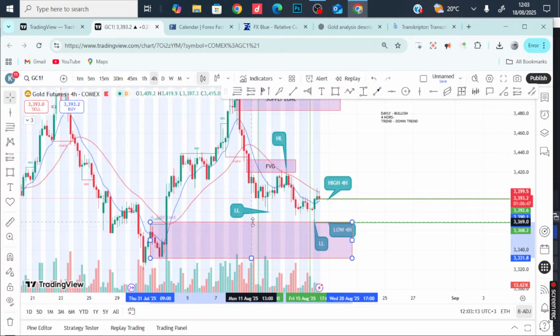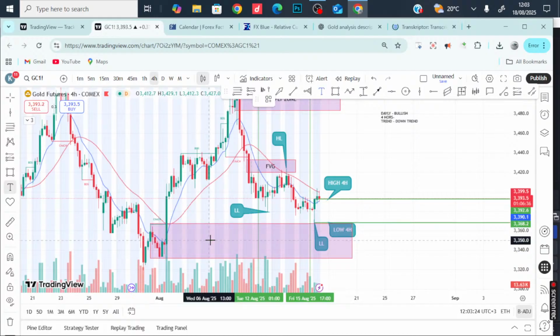These are now the demand zone. This was now the demand zone area.